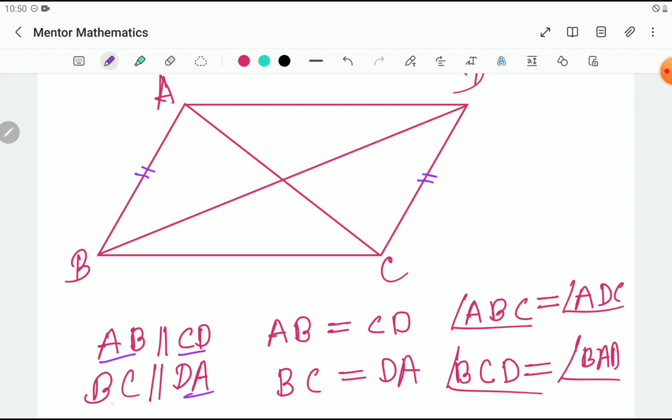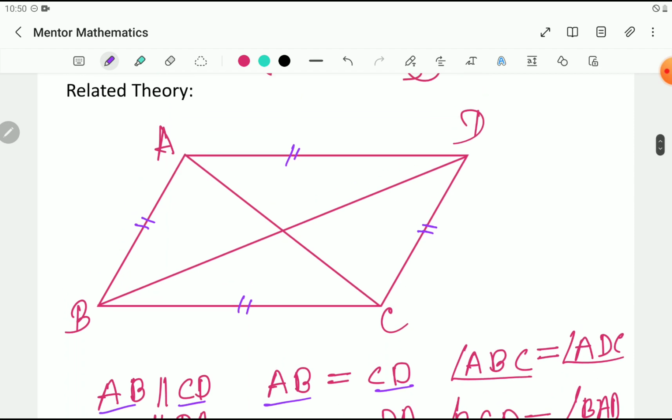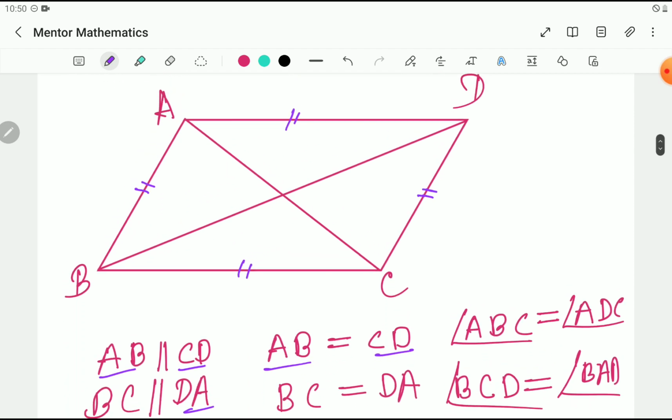BC and DA are also parallel. AB and CD are equal, and BC and AD are also equal, and the opposite angles are also equal. So this is the basic definition of a parallelogram.